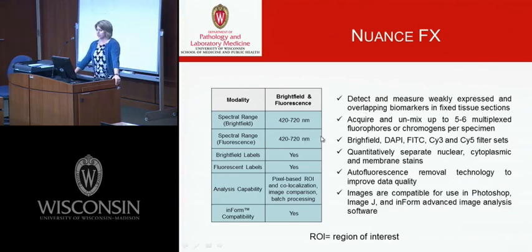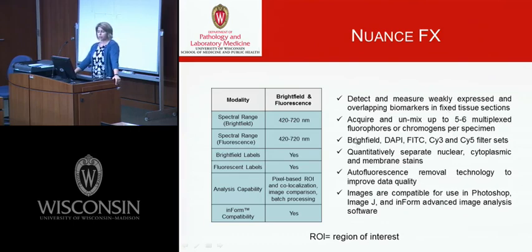As I stated, this will allow you to detect even weakly expressed antigens and those that are overlapping in fixed tissue sections or fixed cells on a slide. Up to 5 or 6 markers can be run in one section.